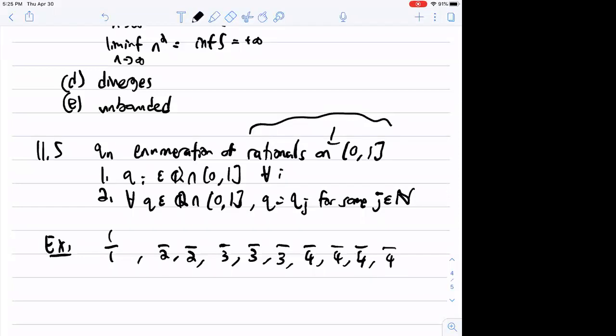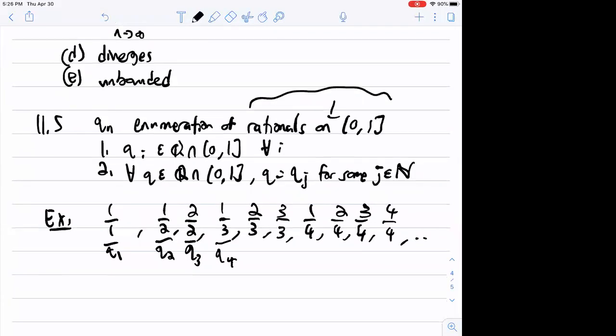So 1 over 1, then 1 over 2, 2 over 2, then 1, 2, 3 over 3, then 1, 2, 3, 4 over 4. This is certainly an enumeration. So this is Q1, Q2, Q3, Q4. You see here, this will cover all rationals on 0, 1, because any rational is of the form p over q, and if it's on 0, 1, then p is less than or equal to q.